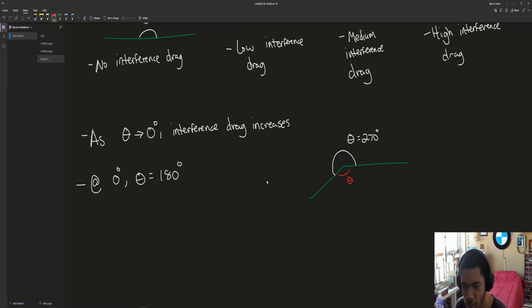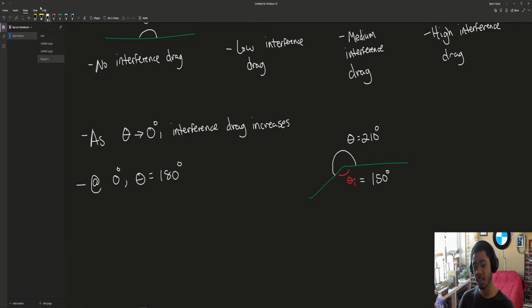We're going to call this theta I. And theta I is the theta that we are specifically looking at in order to talk about interference drag. So it's going to equal 360 minus 270. That's unfortunate I made this 270. Make it 210. There we go. Alright. So 150 degrees, we're still going to have interference drag as we can see here.